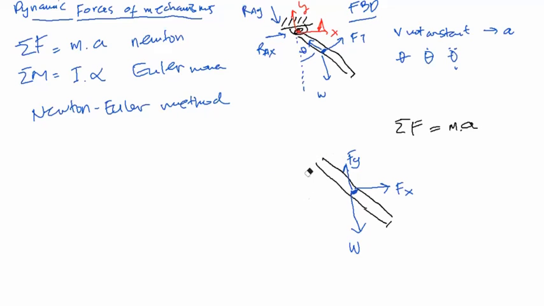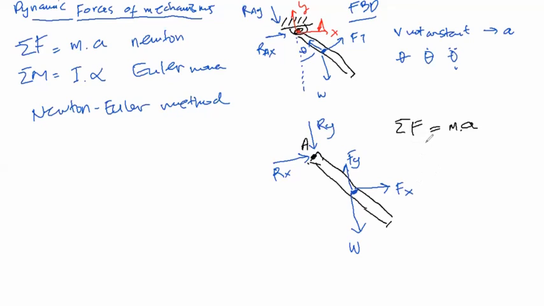Now we isolate this rigid body. If you remember, here we can replace joint A, only a single point, as A. Then we can draw the reaction forces Rx and Ry like this.